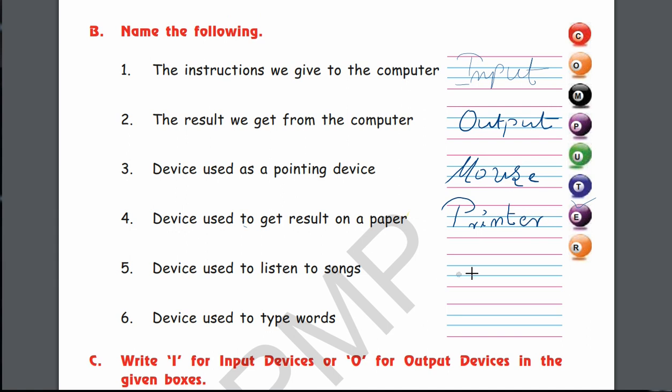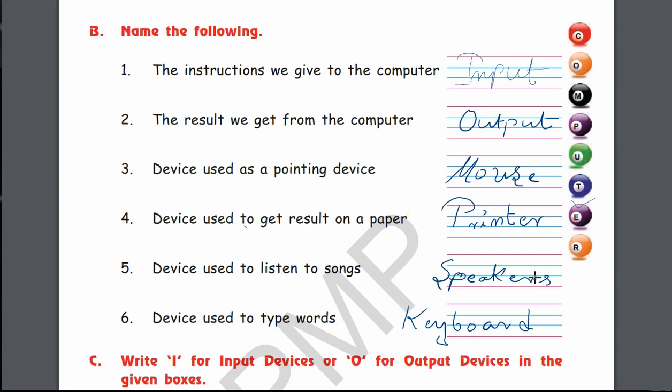Device which is used to listen to songs. Which device will help you all to listen to songs? Any guesses? The answer would be speaker. Device which is used to type words. Which device helps us to type words? The answer is keyboard.